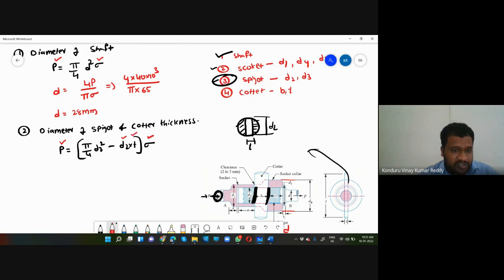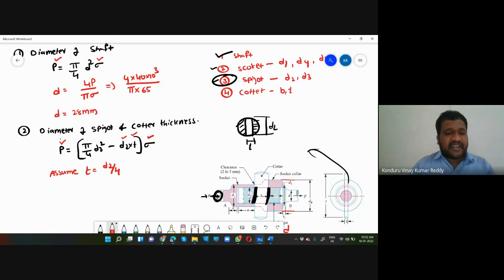Two unknown variables. When there are two unknown variables, we must assume one variable. Thereby I am just assuming t is equal to D2 by 4. This is just an assumption.